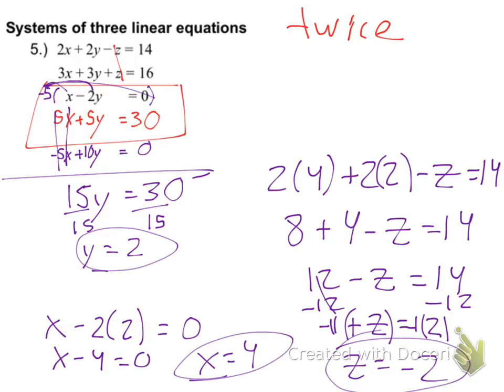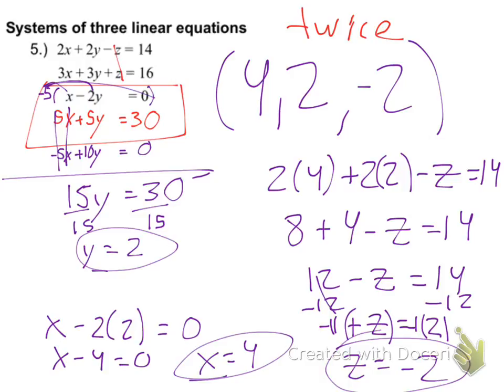Yes, I want to see 4, 2, negative 2. Guys, what this actually is the intersection of 3 separate planes, as in, like your board, your desk, and something else, and they all converge onto one point in 3D space. It's kind of hard to show that on the video.